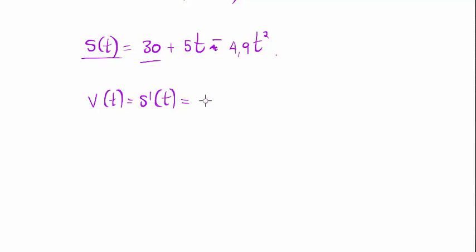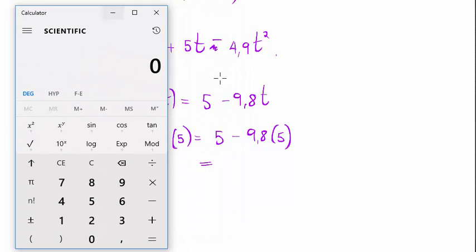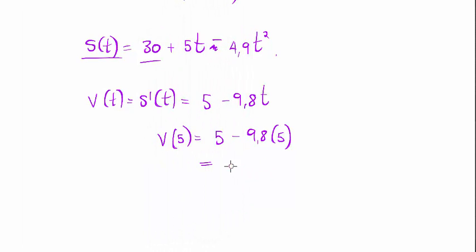In other words, that is 5 minus 9.8t. Now I can substitute 5, actually that's 49. Okay, so 5 minus 49 is negative 44 meters per second.